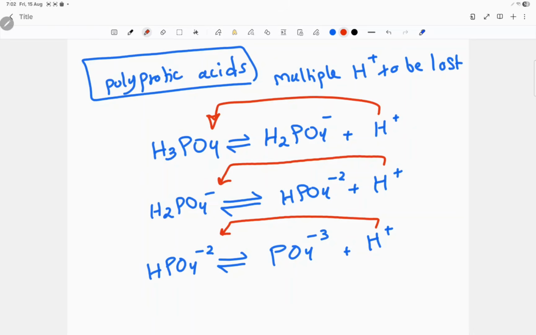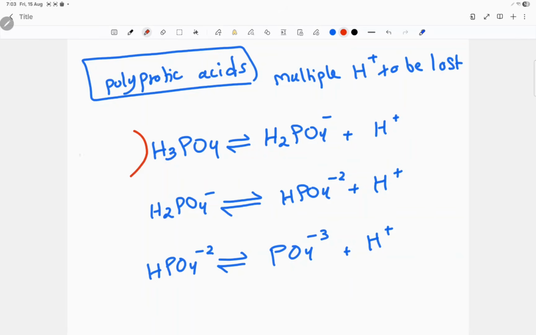So the first step gives you almost all the H plus you need, and because it happens so easily, the Ka will be the highest for it, with a power of -3.